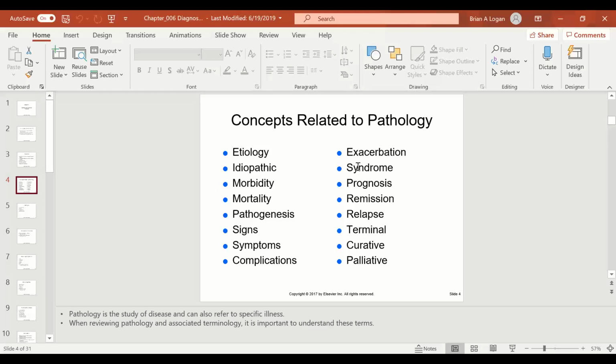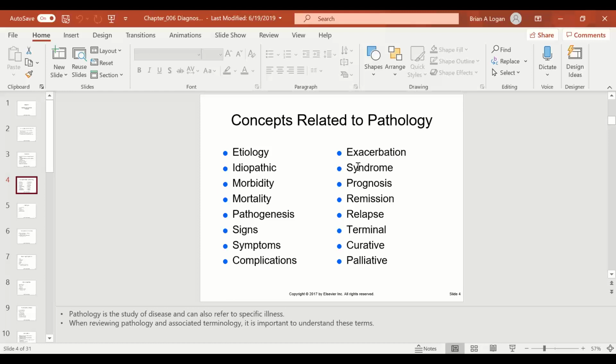Signs and symptoms. These are always coupled together, but they're not the same thing. A symptom is directly related to that disease.